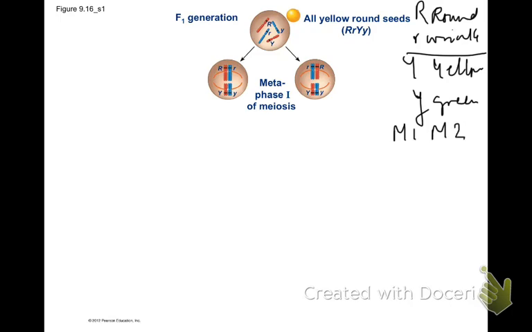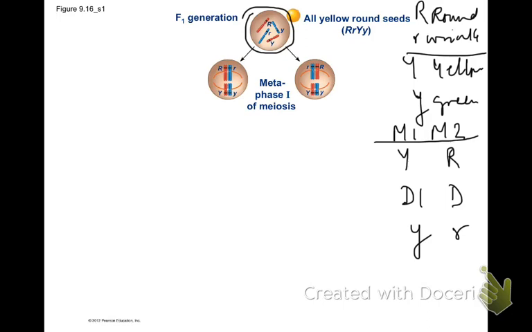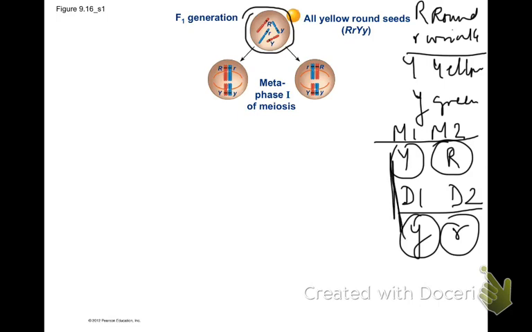So M1 contains the quality of, say, Y, and M2 contains the quality of, say, R, and D1 contains the quality of small y, and D2 contains the quality of small r. So this particular cell is a combination of what the mother has given and the father has given, and these are the two copies or alleles, and these are the two different genes present in the different chromosomes.